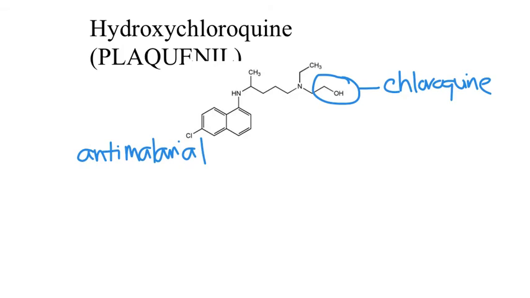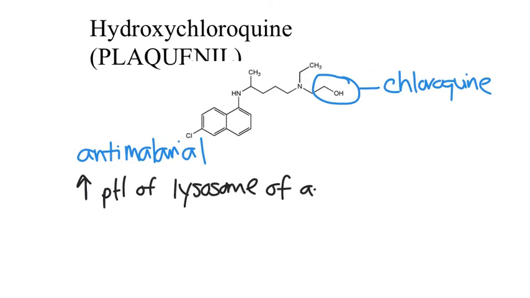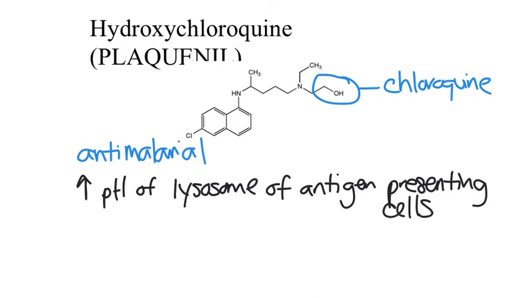The mechanism of hydroxychloroquine is that it increases the pH of the lysosome inside cells, and especially inside dendritic cells. This increased pH of the lysosome decreases the ability of dendritic cells to process and load antigens, which subsequently decreases T cell activation.